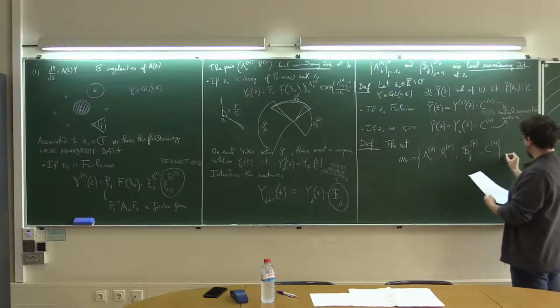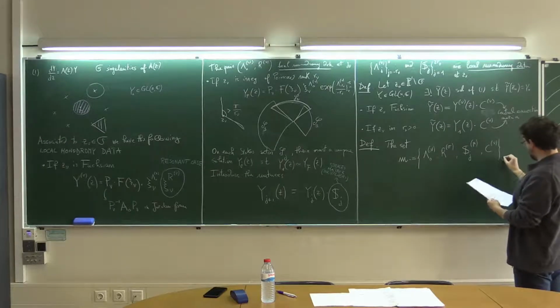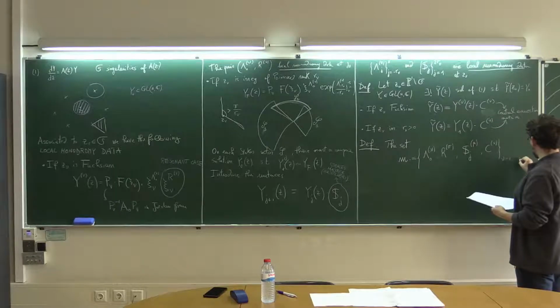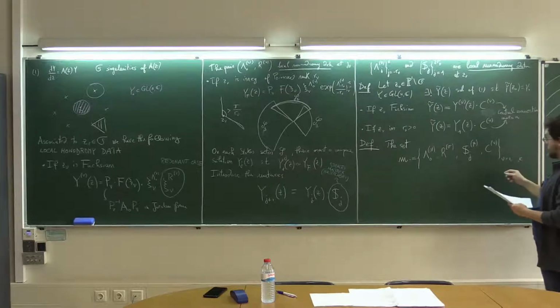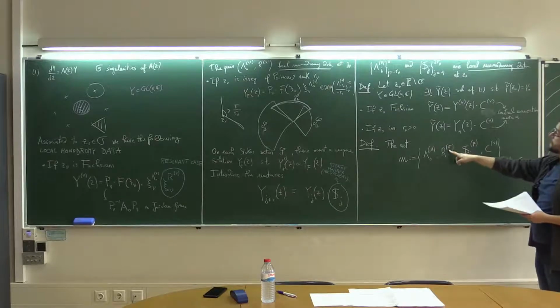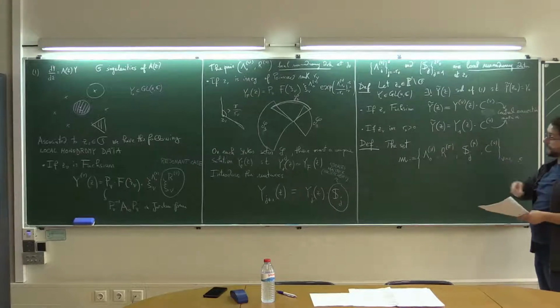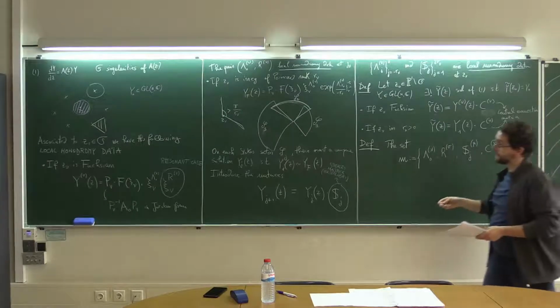Well, let me write all the indices, so nu labels all the singularities from 1 to k. Sigma runs only along the Fuchsian singularities.